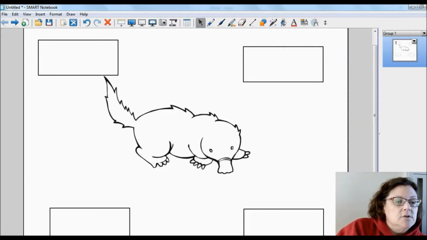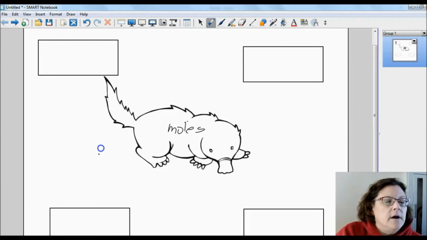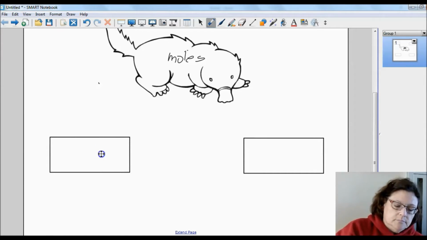Alright, what I'm going to have you do, first of all, in the middle, we're going to write moles in the middle of our mole map. And down in your lower left-hand corner, we want to write particles.